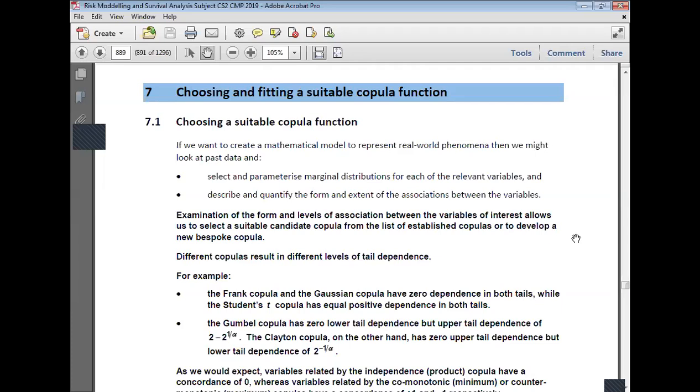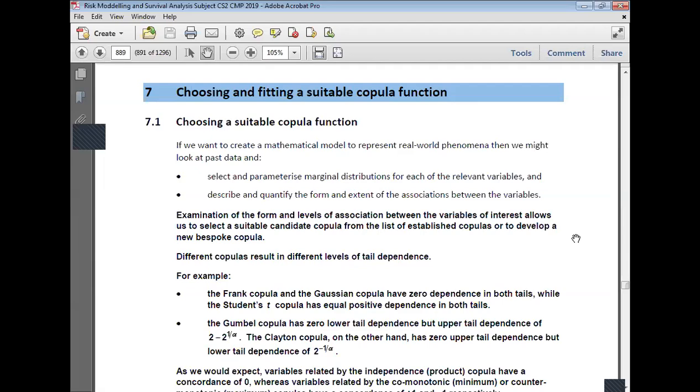Let us say you observe that there is no dependency. You would of course go for the independence copula. That will allow you to forecast things in future once you know the actual value you get for the copula or dependency in the tail. So we have to remember that we are trying to measure the tail dependency.